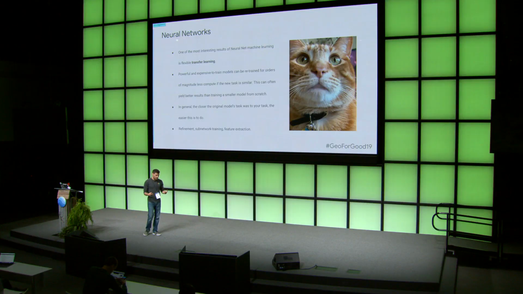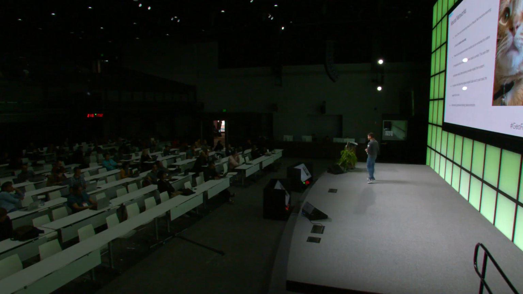In short, transfer learning is the idea of taking an existing model, and we're speaking strictly in neural net parlance here, and adjusting the weights, not completely retraining the model, to solve a different task. That's a very intentionally ambiguous definition.